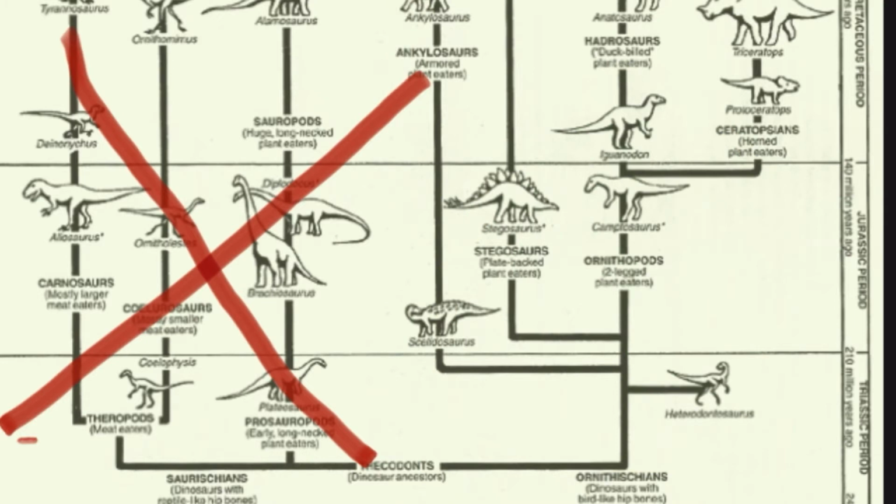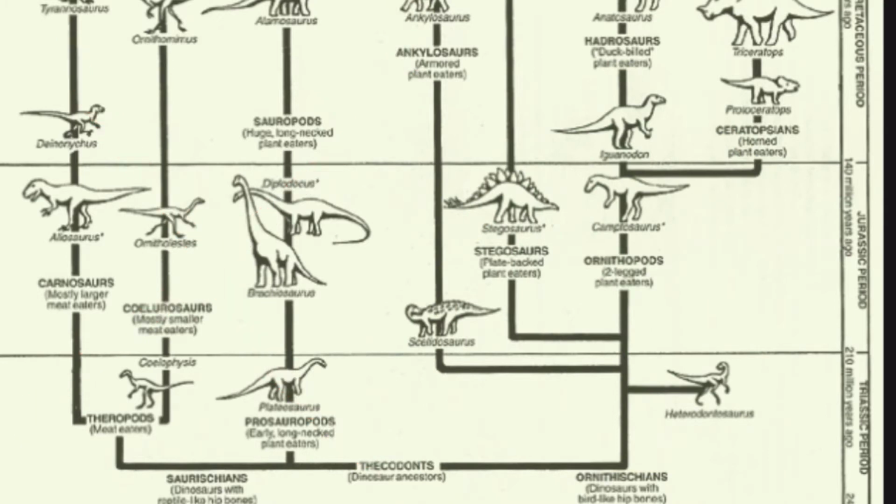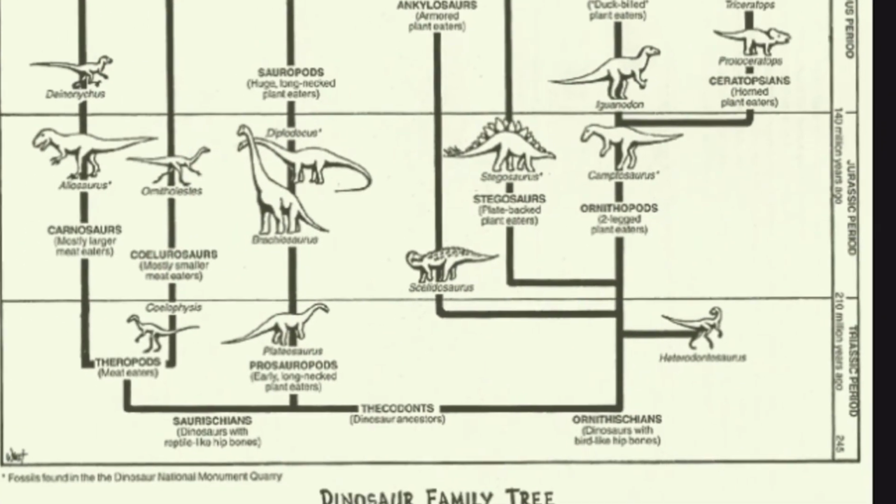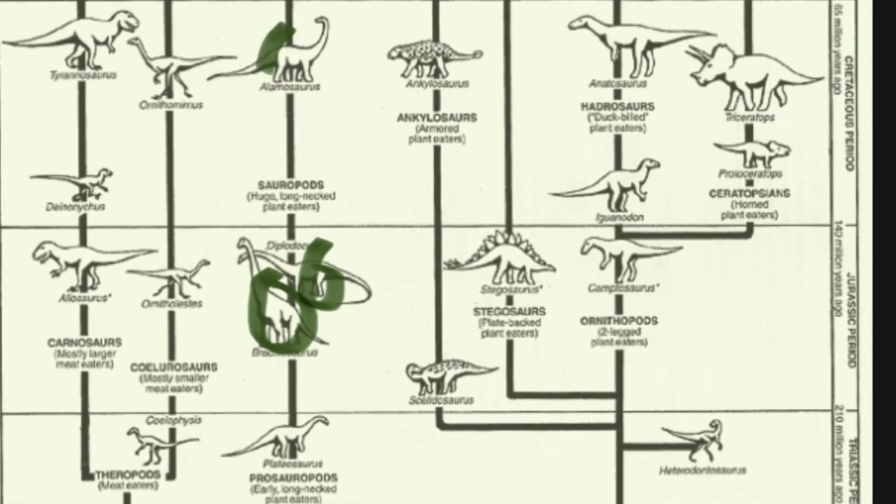let's go back to the Saurischians. So you ate plants. You ate plants. You ate plants. And that means you have potential. You have potential. And you have potential.